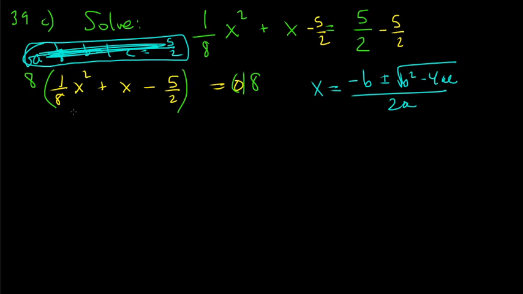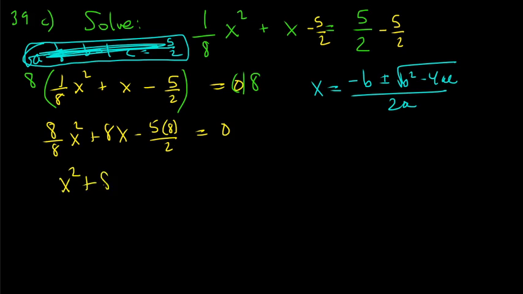So multiply both sides by 8, and you're going to get 8 over 8 x squared plus 8x minus 5 times 8 over 2. And 0 times 8 is still 0. So 5 times 8 over 2 is 40 over 2, which is 20. So this is just x squared plus 8x minus 20 equals 0.